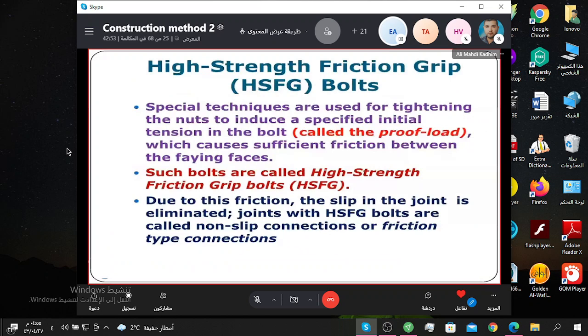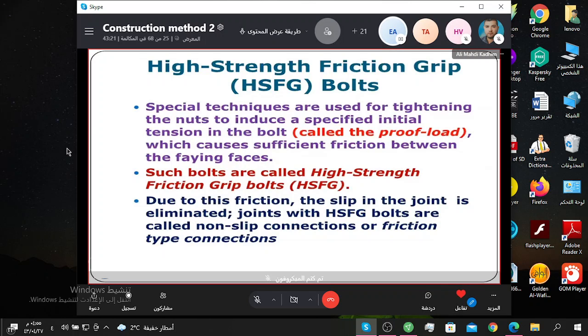High strength friction grip bolts, HSFG. Special techniques are used for tightening the nut to induce a specified initial tension on the bolt, called the proof load, which causes sufficient friction between the faying faces.